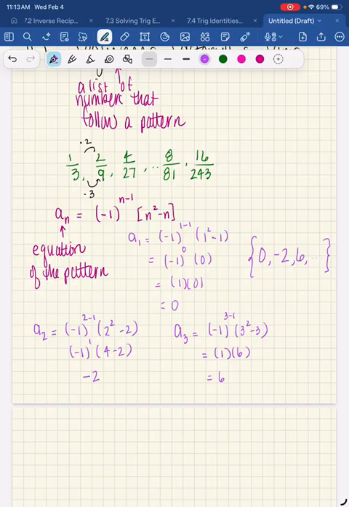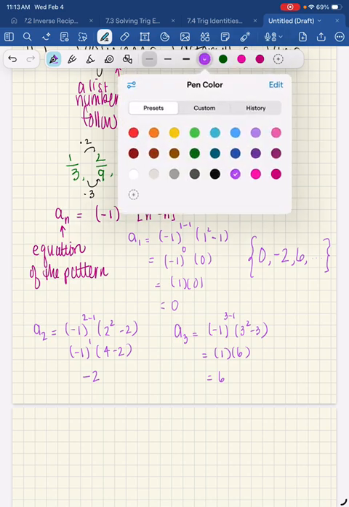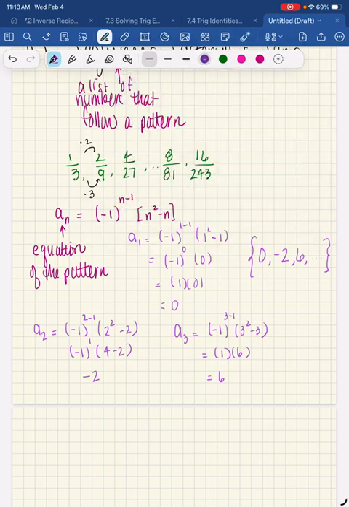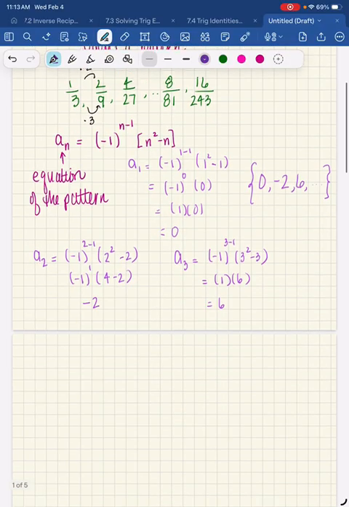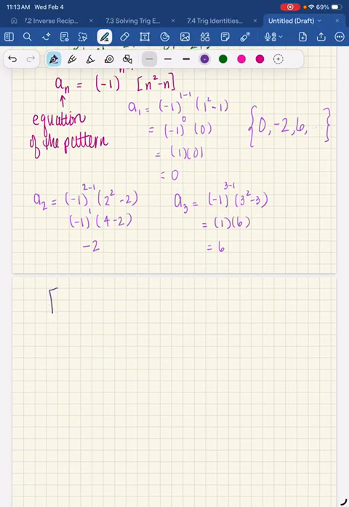So to create the list, you're literally just plugging in 1, then you're plugging in 2, then you're plugging in 3, etc. So my main goal for this video is to talk about things that are called factorials and summations. Okay, factorials. Okay, so a factorial is a very excited number. It's written with an exclamation point.